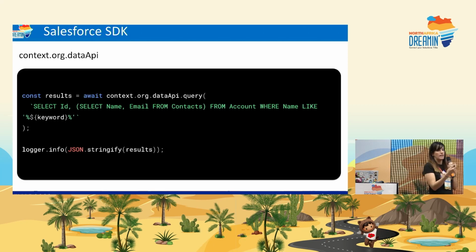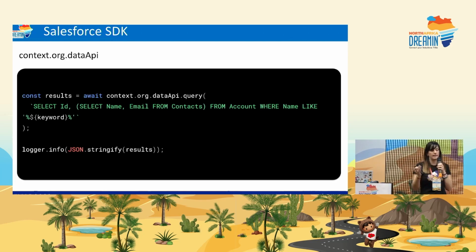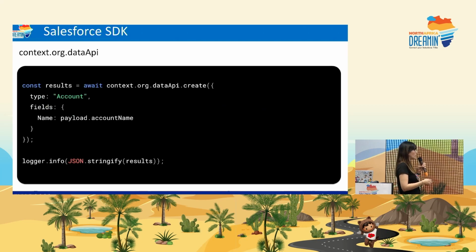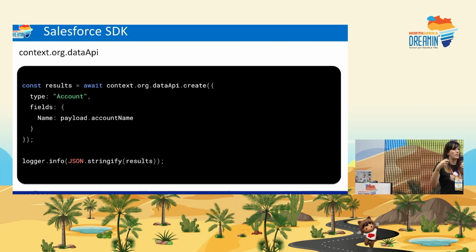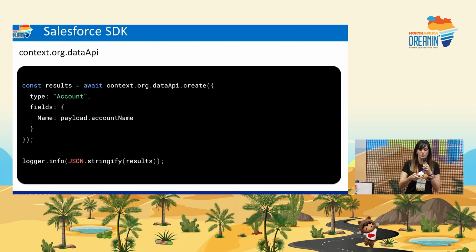Remember that this is going to be executed in a secure context. We are going back to Salesforce and we are doing that in a completely safe environment. And of course, you can execute DML operations. Here we use an API called Data API, and you have the operations for create, update, and delete records.